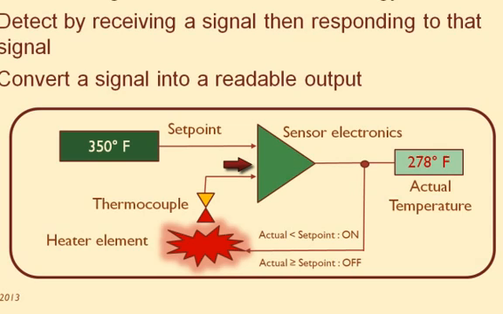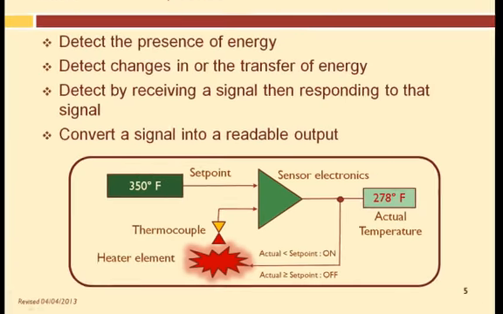The sensor compares the set point to the thermocouple output. If the thermocouple output is less than the set point, the sensor keeps the heating elements on and displays the actual temperature. Once the set point and the actual temperature, as sensed by the thermocouple, match, then the heating element is turned off.